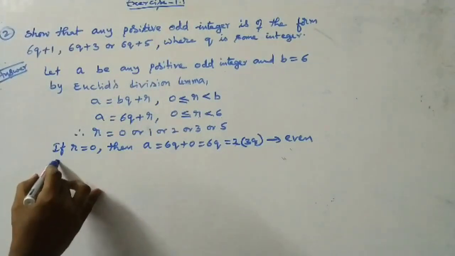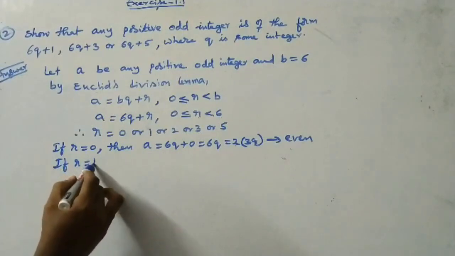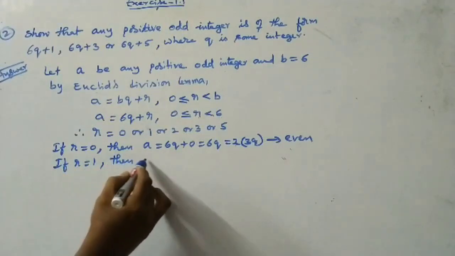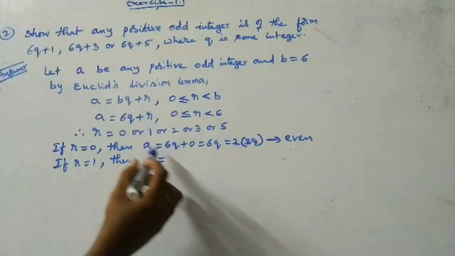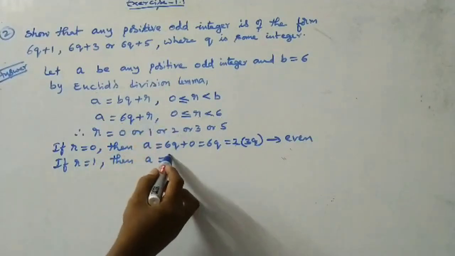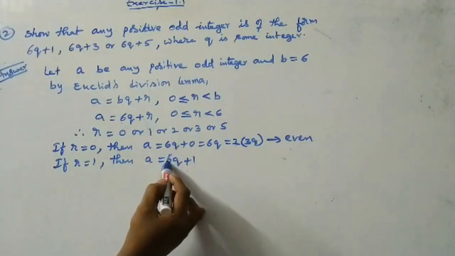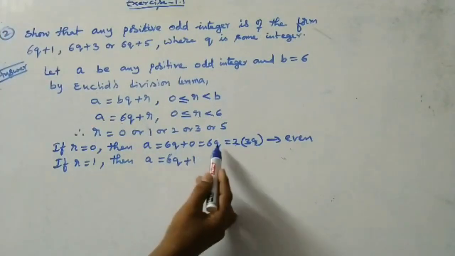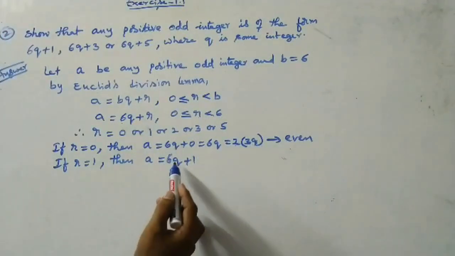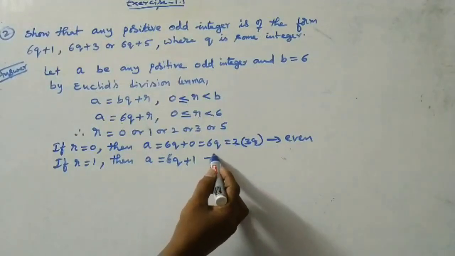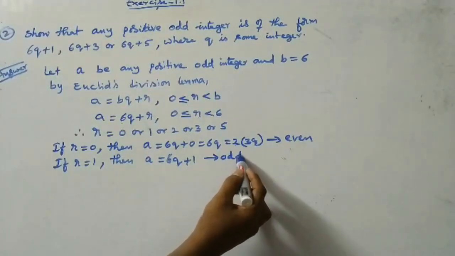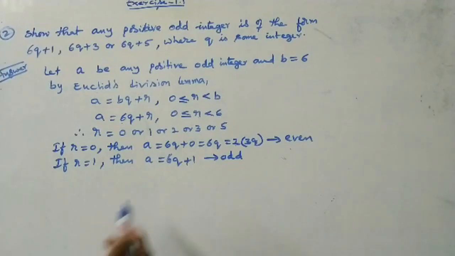Now if r is equal to 1, then a is equal to 6q plus 1. Observe here, 6q is an even number and an even number plus 1 is an odd number. So if r equal to 1, we will get an odd number, that is 6q plus 1.